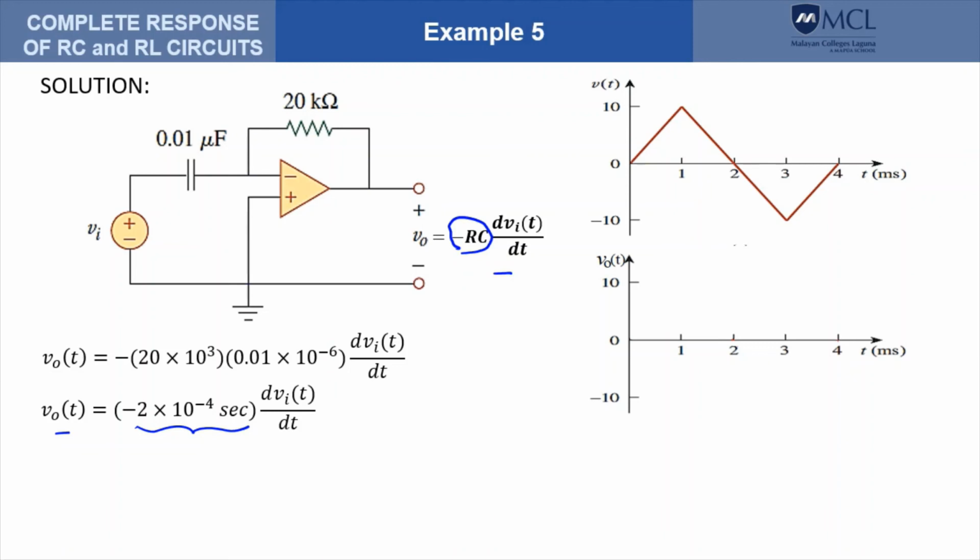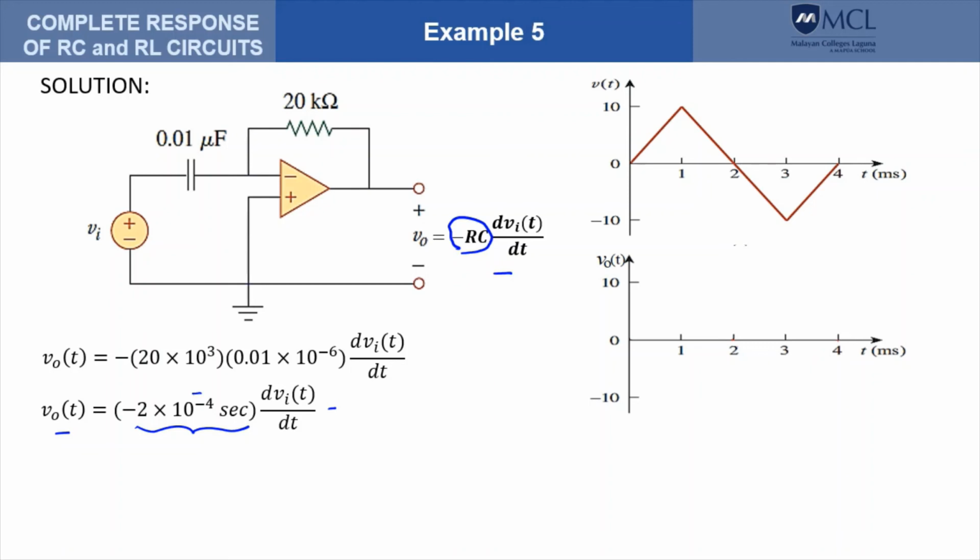So the output is really this constant here times the slope of the waveform. But the slope of the waveform is different depending on which time you are in. So we need to compute for the slope at different times.